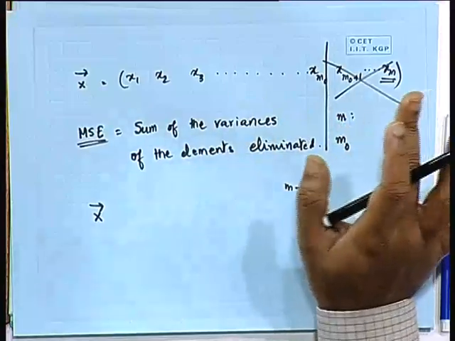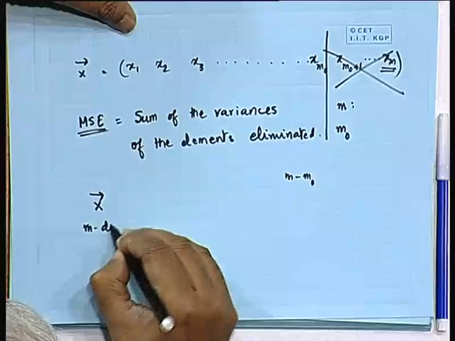So, naturally in the x domain we cannot really decide that something is of low variance, so we can eliminate that. So, to do that, what we do is that we have to map this x vector into another vector space, which we achieve by transforming this x vector. So, let us say that x is an m dimensional vector.